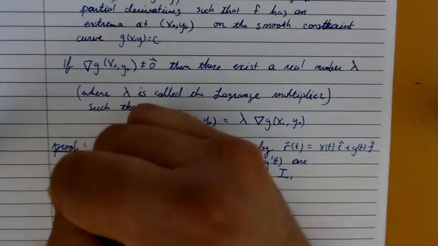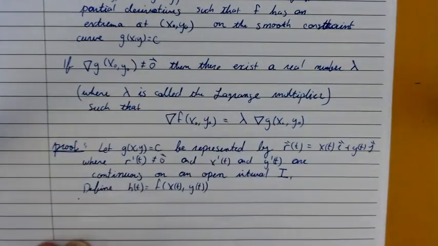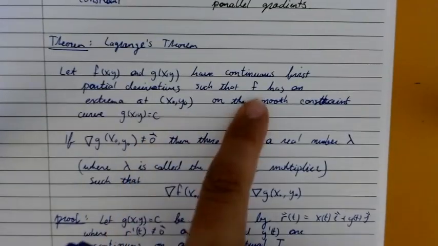Okay? Now, we know that f has a maximum at x naught comma y naught. Well, actually, maybe not a maximum. It has an extremum.